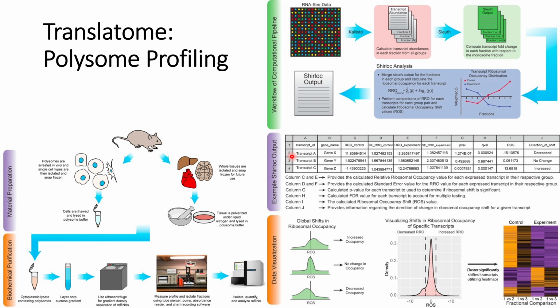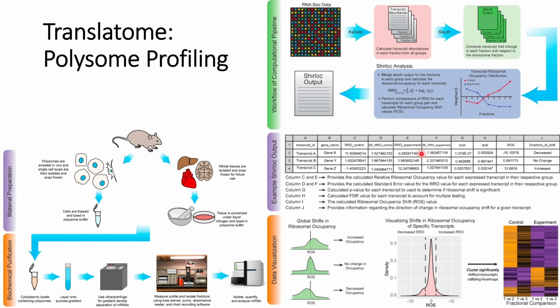Let us go through one of the rows. This is the transcript, the second column shows the gene name, and the third one shows its RRO value, or relative ribosomal occupancy, within the control. Next, this column D shows the error, based on the different number of experiments, different number of fractions that have been analyzed.